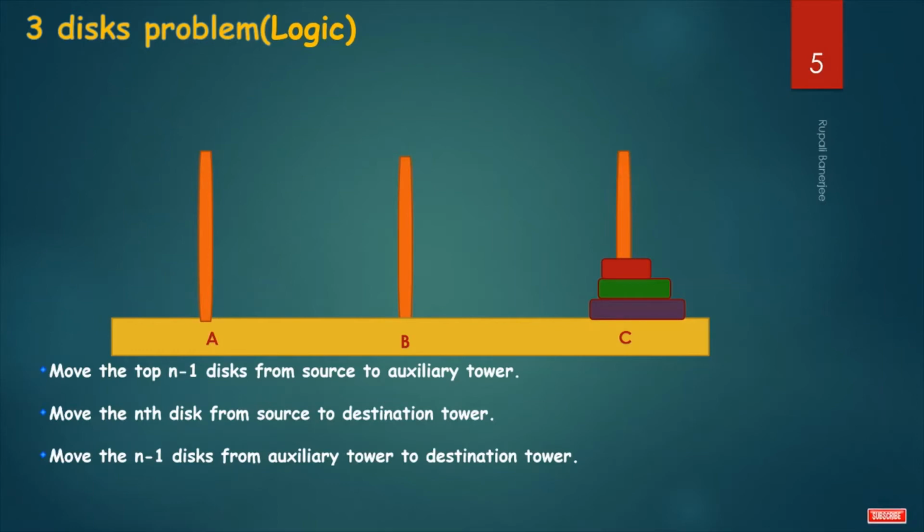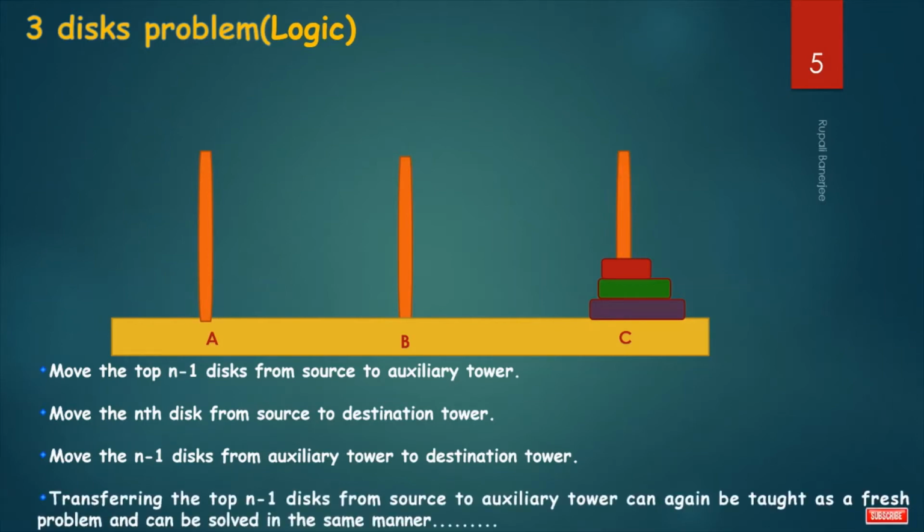In case of more discs, transferring the top n-1 discs from source to auxiliary tower can again be thought of as a fresh problem and can be solved in the same manner.